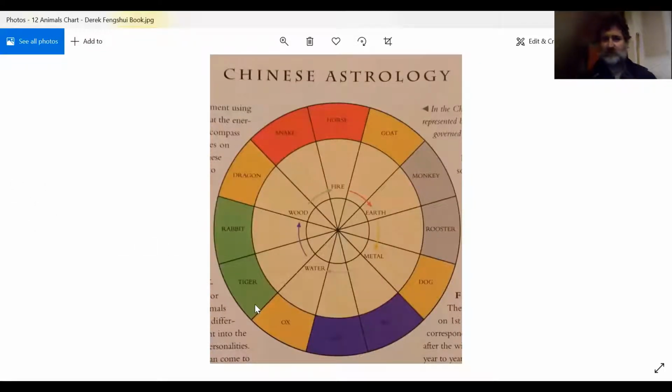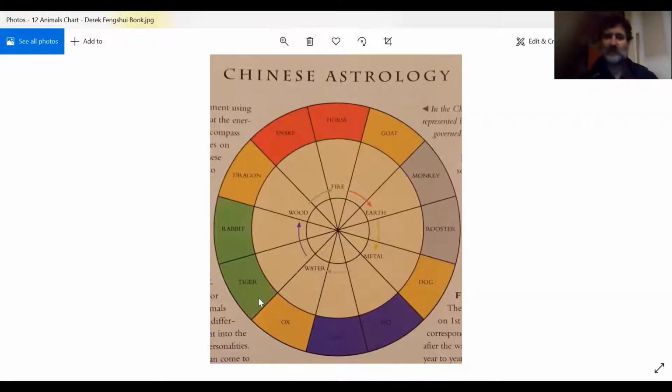This is basically the same chart, but this shows the elemental chi phases. These are the native elements of each animal. Rat is shown in purple, or it should be dark blue here. The native element of rat is water.